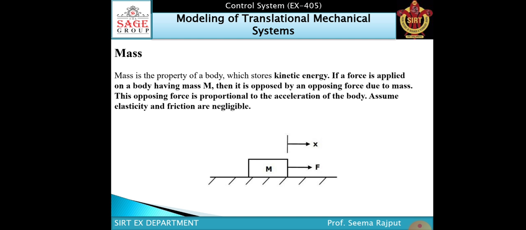Mass is the property of a body which stores kinetic energy. If a force is applied on a body having mass m, then it is opposed by an opposing force due to mass. Okay, so this opposing force is proportional to the acceleration of the body.